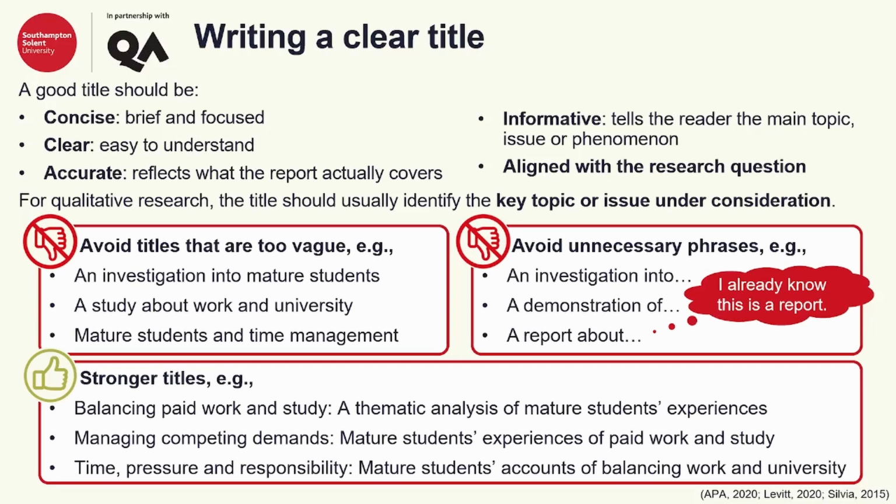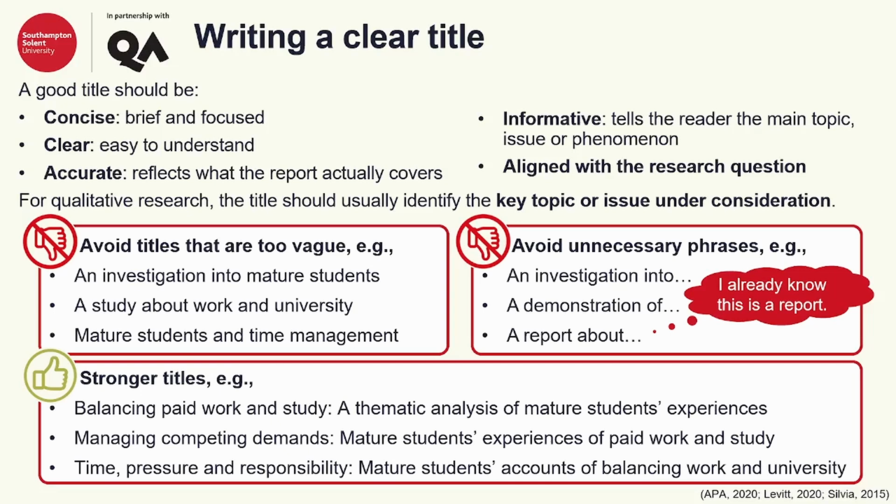A clear title should be easy to understand. Readers should not need to guess what the study is about. Avoid complicated wording, unexplained abbreviations, or language that is unnecessarily technical. The title must also be accurate.